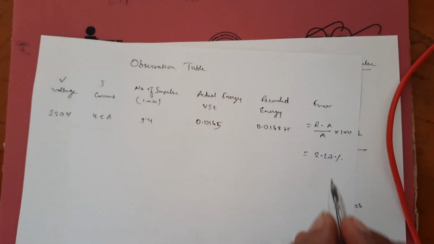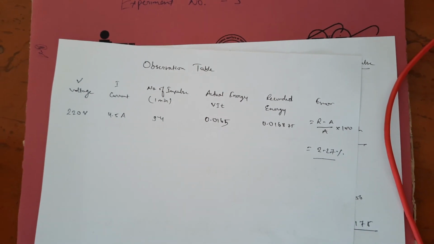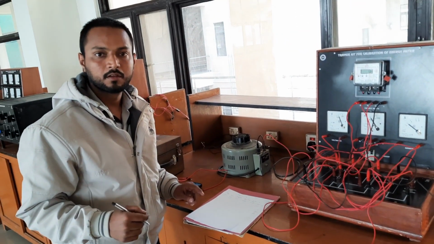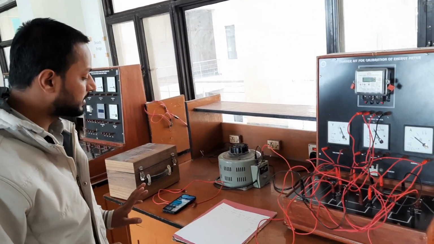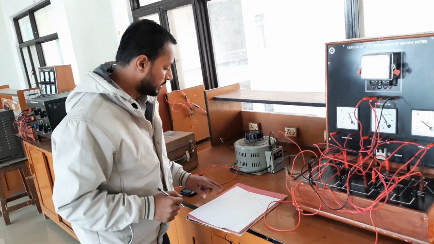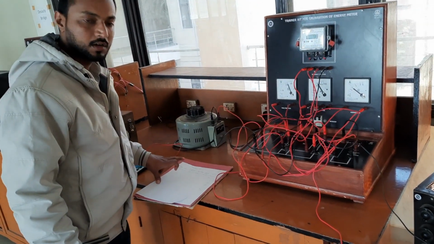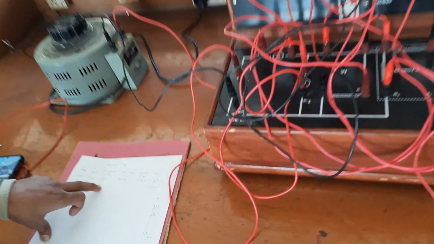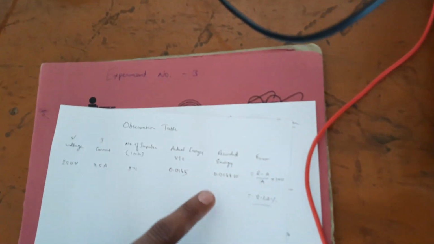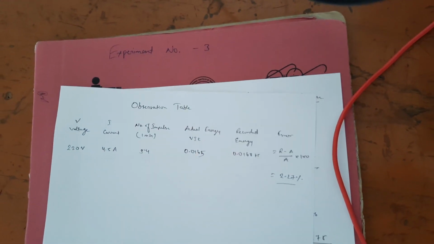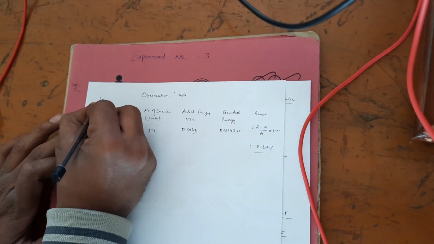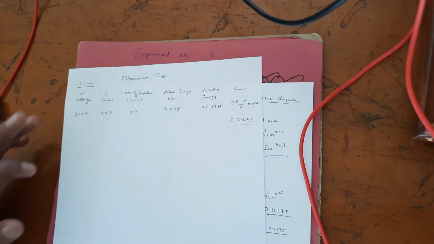This is your relative error, which is 2.27%. This is our first set of observations, with voltage, current, number of impulses, actual reading, recorded value, and percentage error. This one is for 1.1 kilowatt of load.